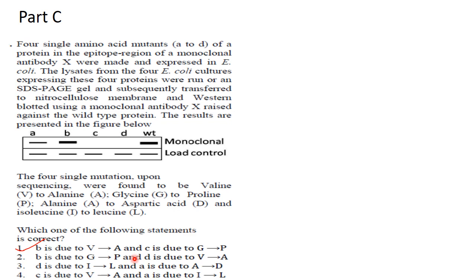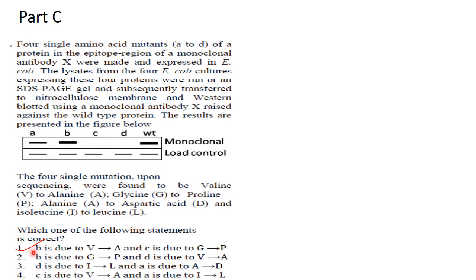So you will get a band over there. And C is due to G to P, glycine to proline. I told you already, proline cannot be replaced by any other amino acid. There are no partners for proline. So glycine to proline replacement cannot take place. So C is also correct.